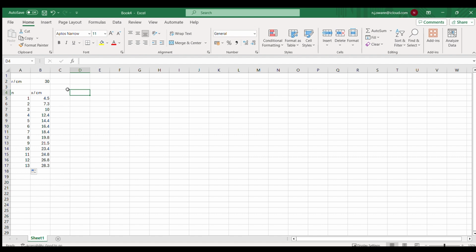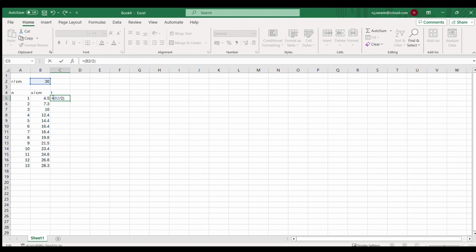Now we need to turn our values of x into a value of L. Going back to that big long equation that we wrote out on the board, L is equal to, let's do the bit in the square root first, R divided by 2. I should point out that I'm keeping everything in centimetres just so I don't have to change everything at the end.